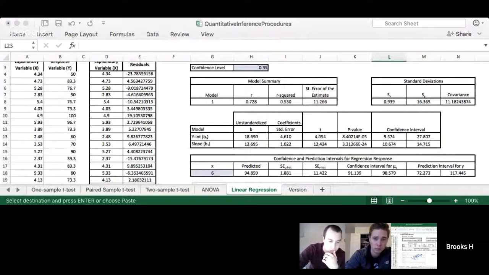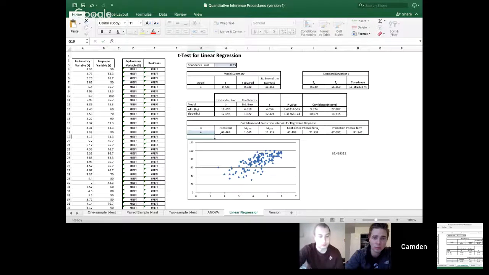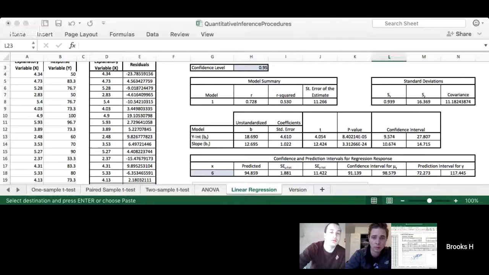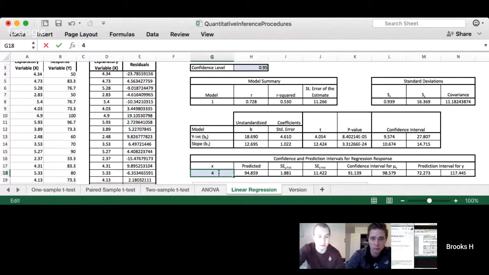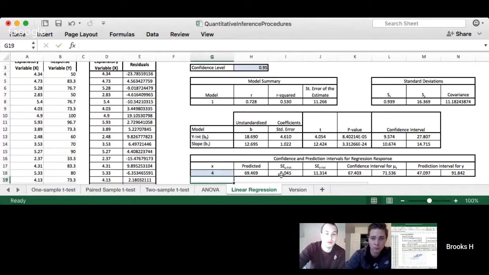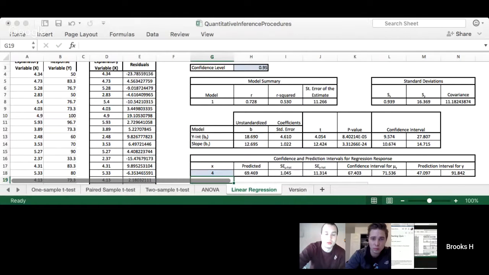Oh, okay, that makes sense. And it's a predicted value, right? So it's going to be 69.469. Yep, I'm cool with that. 69.469, sorry. All right.